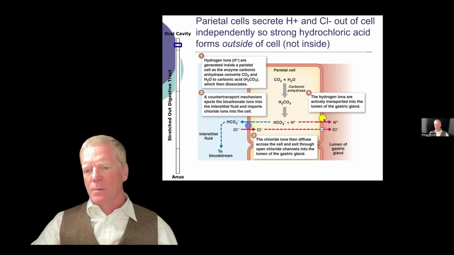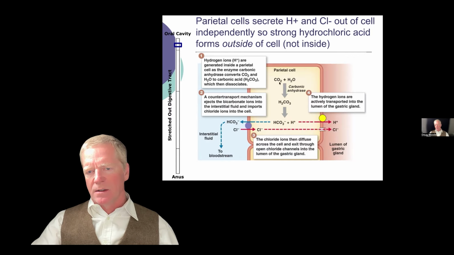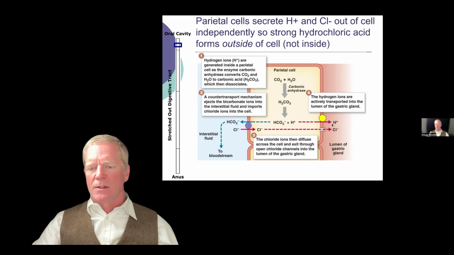So you're getting this transport of hydrogen ions with co-transport of chloride. Basically, that means you're releasing hydrochloric acid by turning bicarbonate from the blood into hydrochloric acid. There's an enzyme involved in this process called carbonic anhydrase. It's taking carbon dioxide and water, turning it into bicarbonate, and then that bicarbonate is dissociating, turning into hydrogen ions and chloride ions. So the hydrochloric acid can be released inside of the lumen of the stomach.